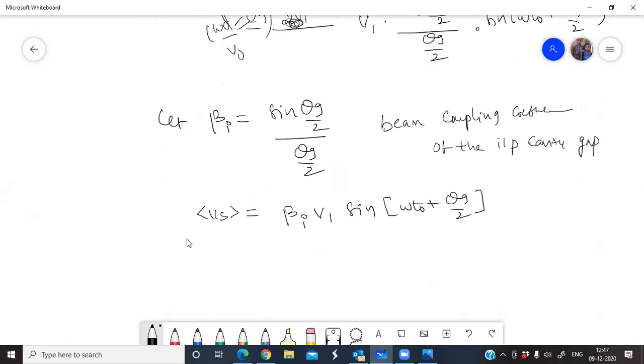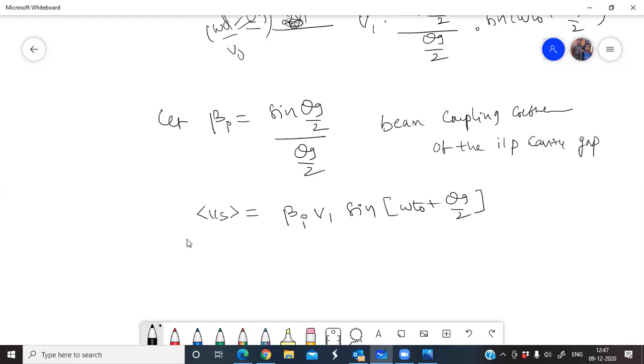Now the exit velocity at the buncher cavity. That means the energy of the electron at the time of leaving the buncher cavity.